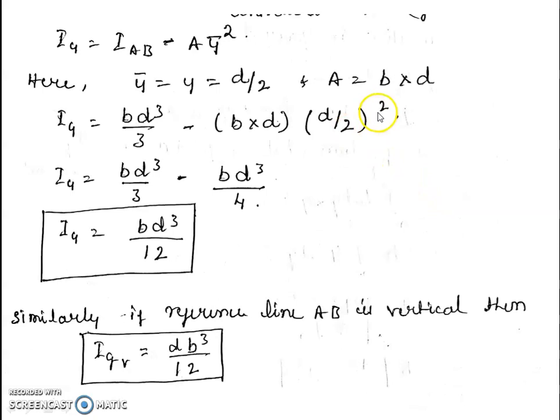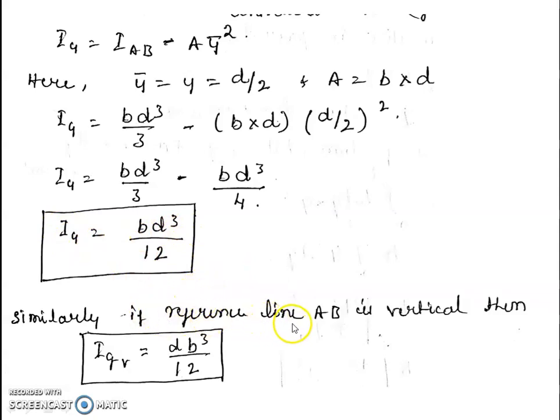Now the equation reduces to b d cube by 3 minus b d cube by 4. If I simplify this, it becomes the moment of inertia with respect to the centroidal axis, denoted by I_G, equal to b d cube by 12.